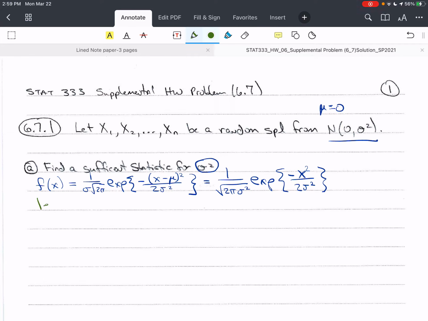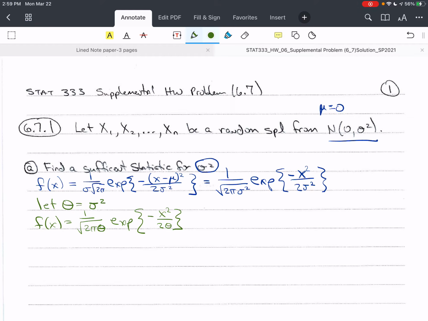We're going to let theta equal sigma squared. Now we'll solve our problem. We'll just have a theta instead of something squared in there. Then f of x is equal to 1 over square root of 2 pi theta exp negative x squared over 2 theta.